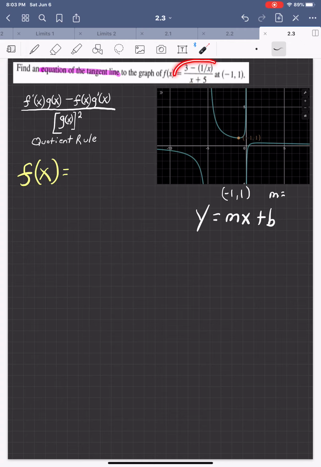Or you could rewrite this, okay? For example, if I can combine these fractions, and then, nevertheless, I'm not going to waste a lot of time on this pre-calc skill, but I can rewrite f of x as 3x minus 1 over x squared plus 5x.